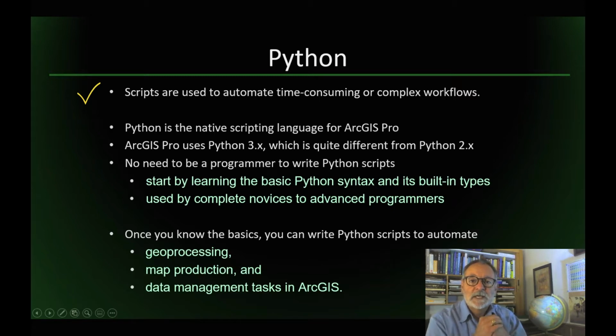Obviously, the scripts that you learn to develop and that you may want to create on your own are there to code complex workflows, automate things, make things faster, make things more error-free. We talked about this. There's nothing new about that. Python is the native scripting language for ArcGIS Pro.